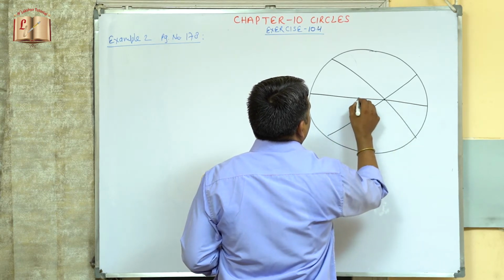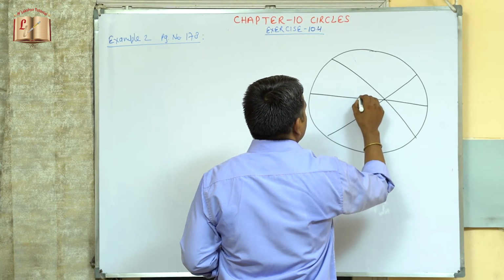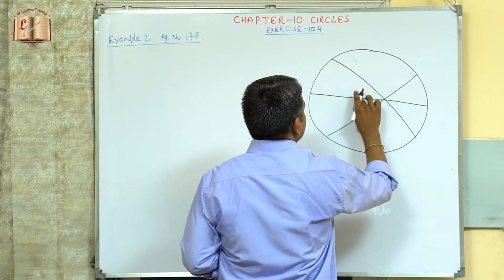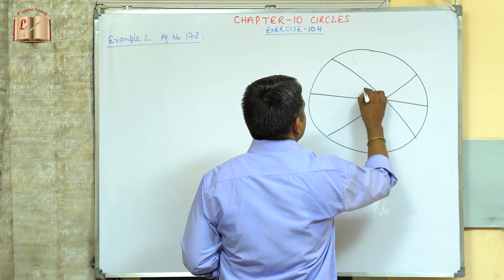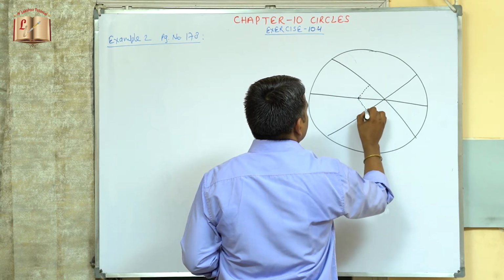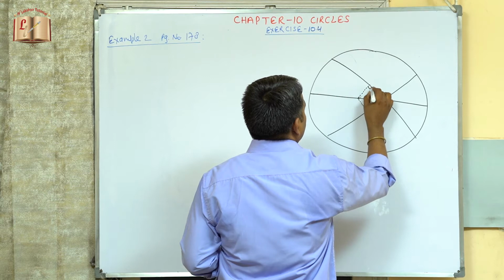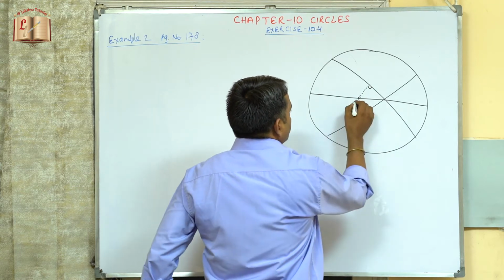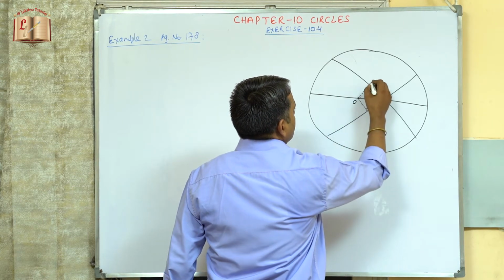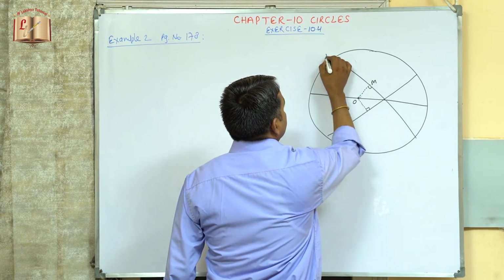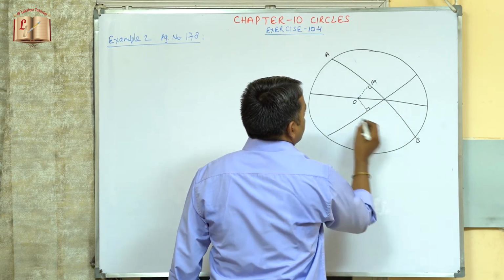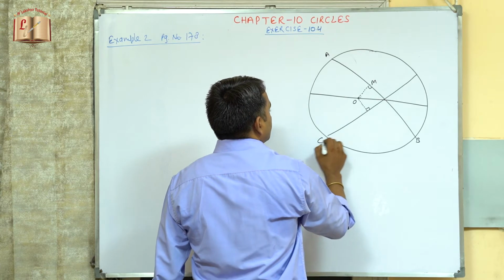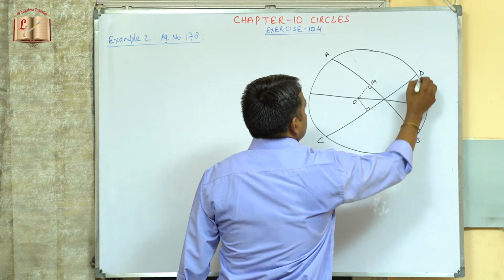So this is a point on this diameter. So this will be now 90 degrees, because from the center of the circle it is always perpendicular to this. So I have taken this diameter, this chord AB, and suppose this chord as CD.